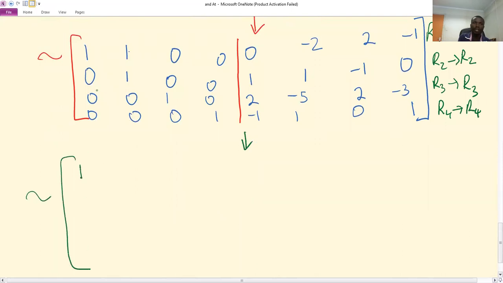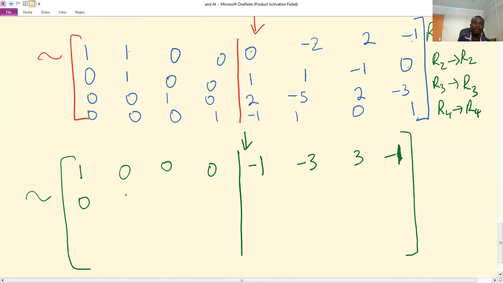So 1 minus 0 is 1, 1 minus 1 is 0, 0 minus 0 is 0, 0 minus 0 is 0, 0 minus 1 is minus 1, minus 2 minus 1 is minus 3, 2 minus minus 1 is 3, minus 1 minus 0 is minus 1.